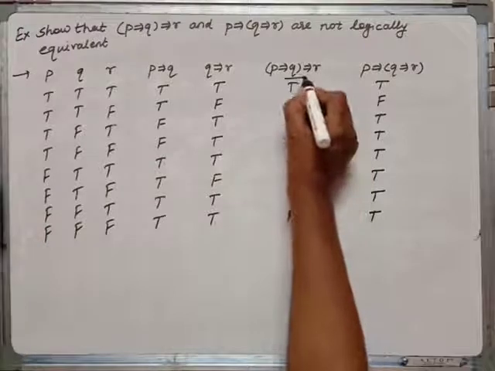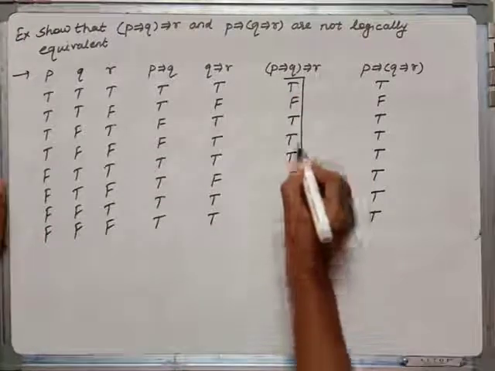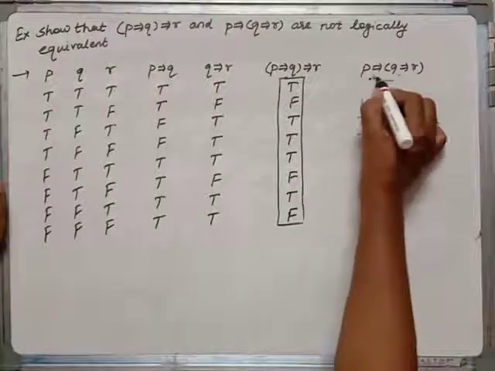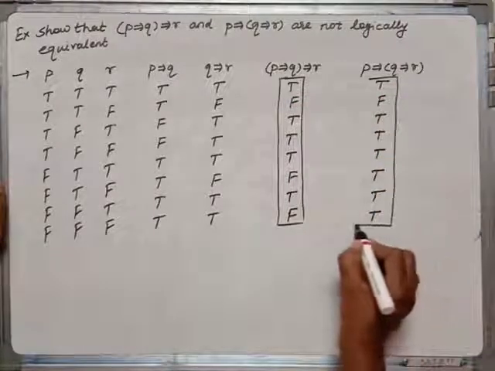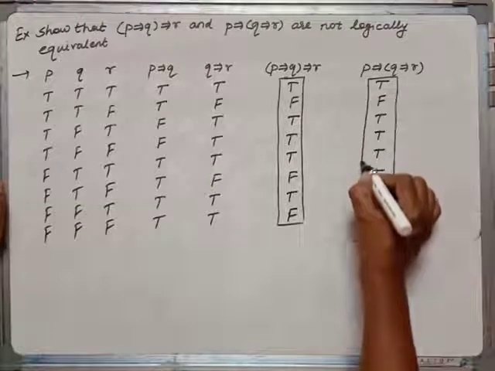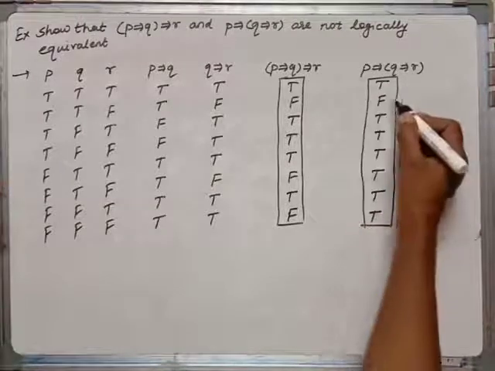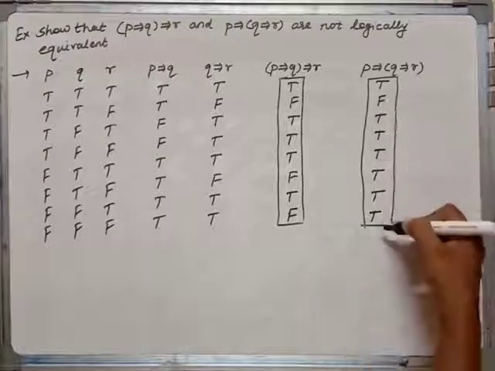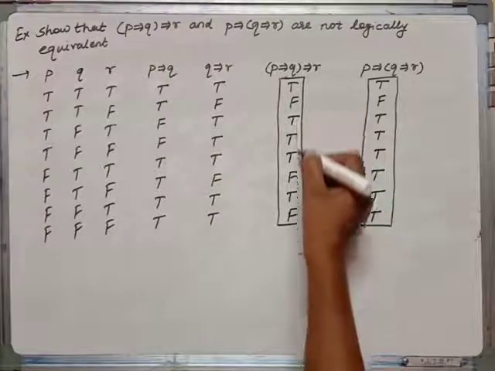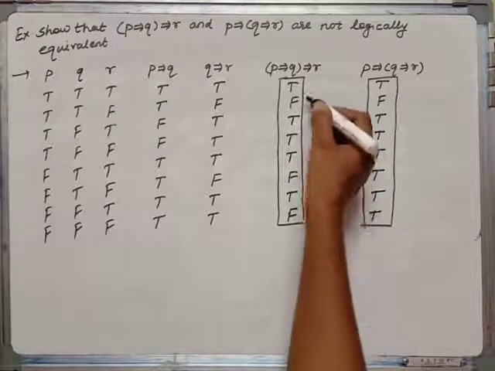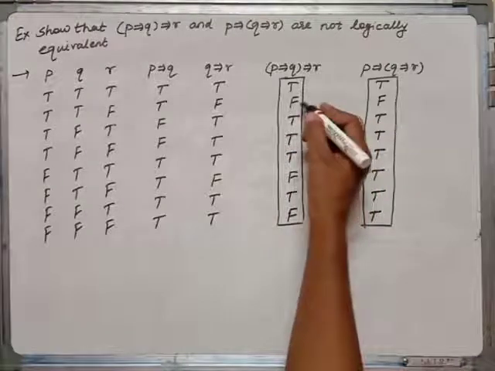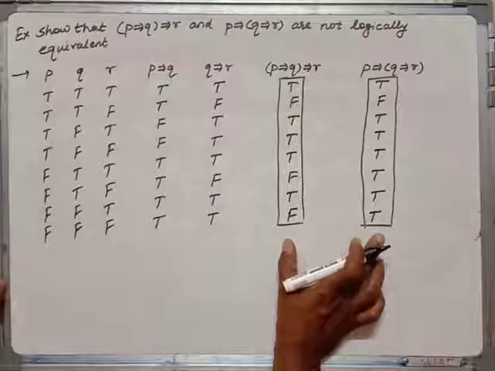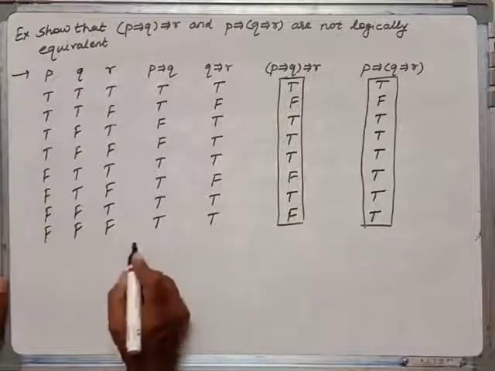Now look at these two columns. Clearly these are not identical. Here in the last column only one truth value is false and all others are true, while in its previous column three are false and the others are true. Clearly these are not identical.